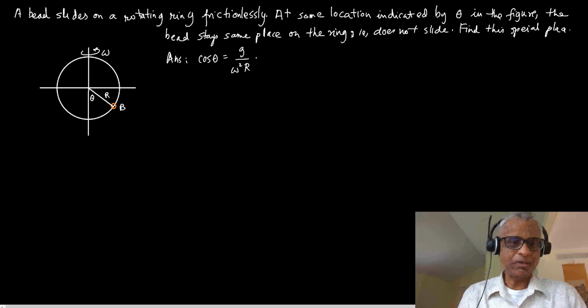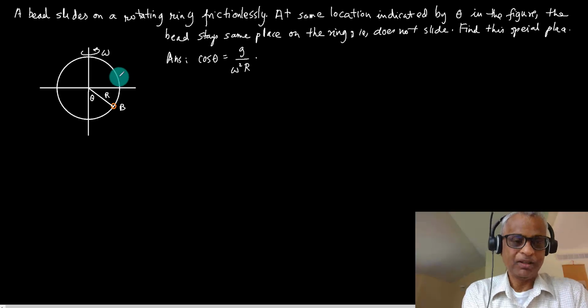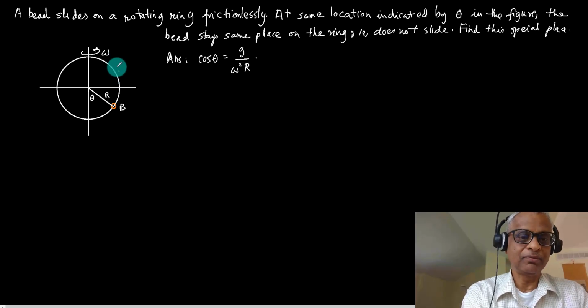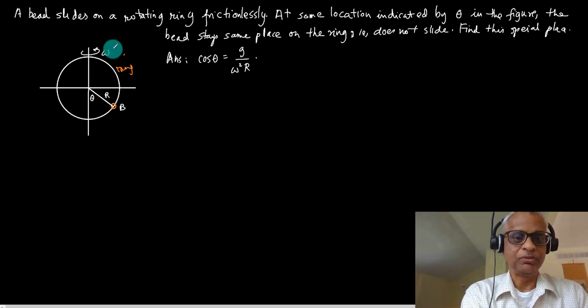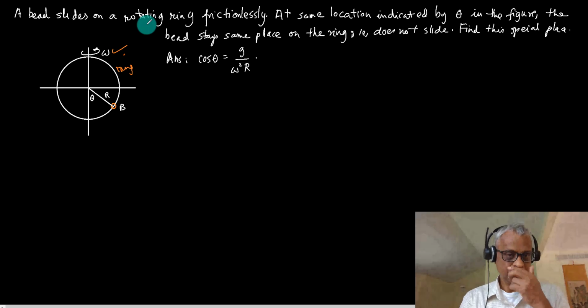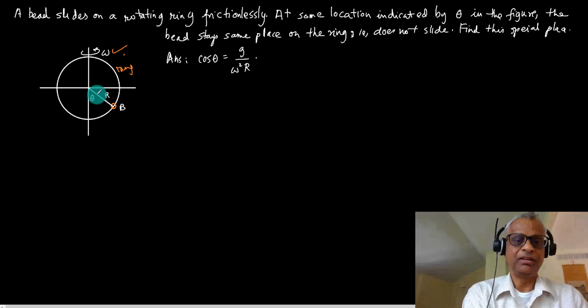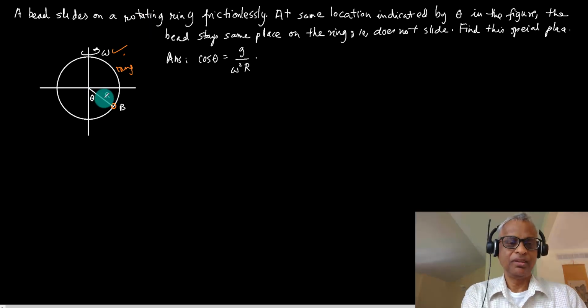So today we have a really interesting problem. The problem says that there's a ring. This is the ring which is rotating at this angular speed, and it has a radius r.